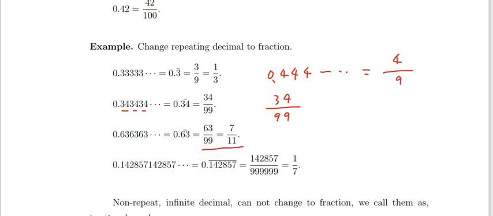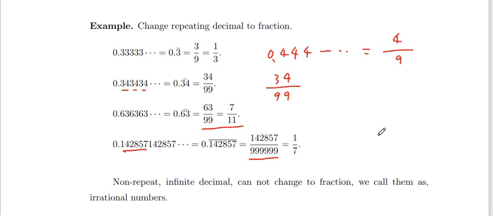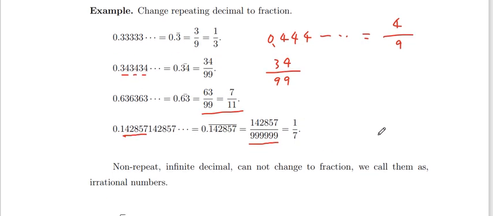So we look at how many digits repeat, and that tells us how many 9s to put. One of these we can simplify to 1 over 7. Anyway, this is the way of changing repeating decimals to fractions.